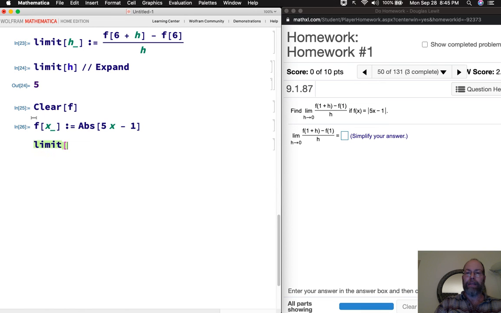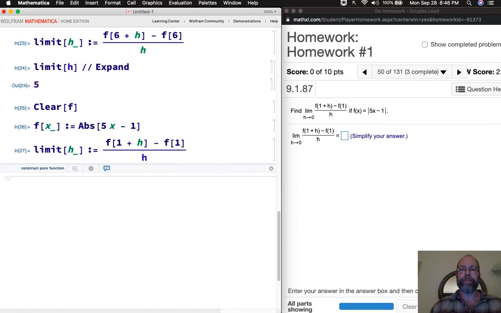And the limit as h goes to 0 of f of 1 plus h minus f of 1, and the whole thing divided by h. Shift enter. Okay. What is the limit as h goes to 0?